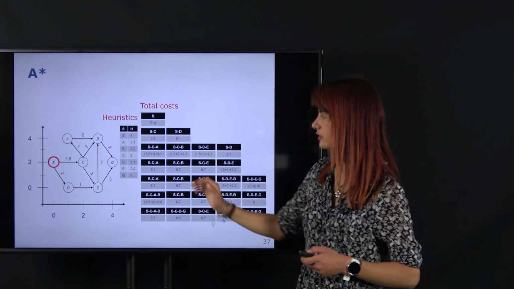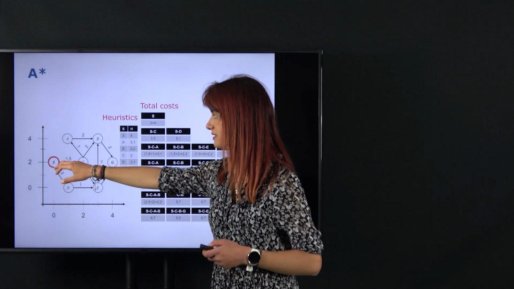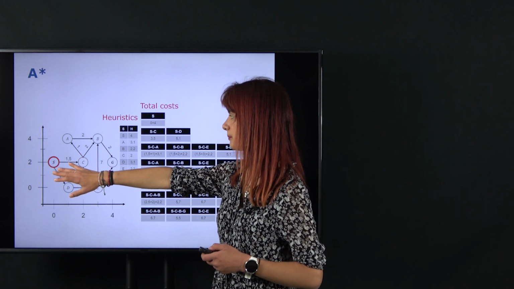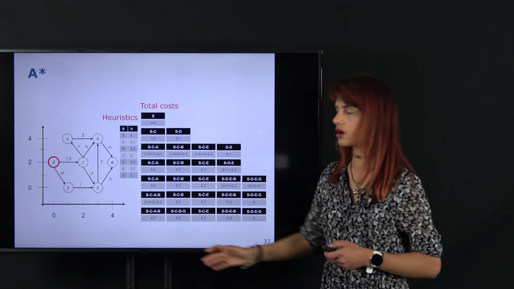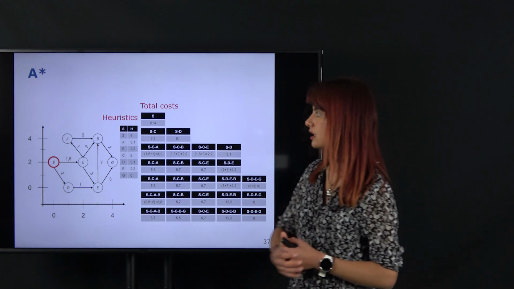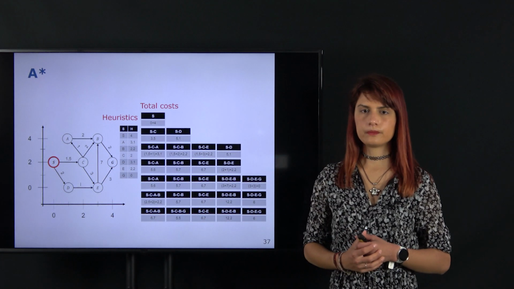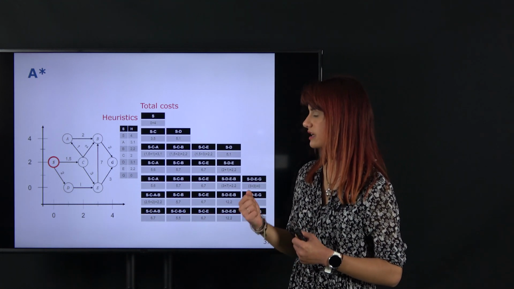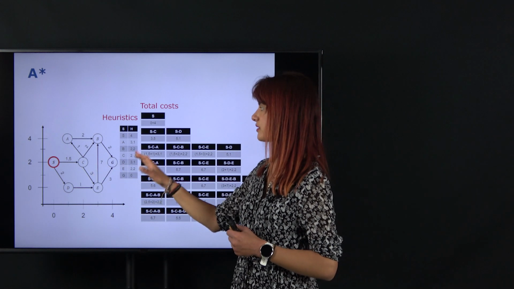So for C, for example, we have one edge connecting S and C, that's 1.5. So that's our g(n), our accumulated cost to reach that node. And then we have our heuristic cost, h(n), which is 2 that we can get over here from the table. So the total cost, that f(n) that we use to estimate how promising this node is, is simply the sum of them, so 3.5.